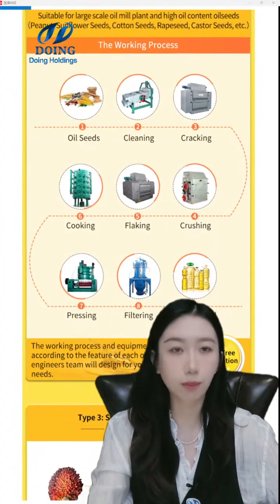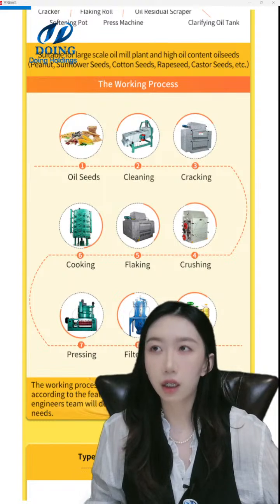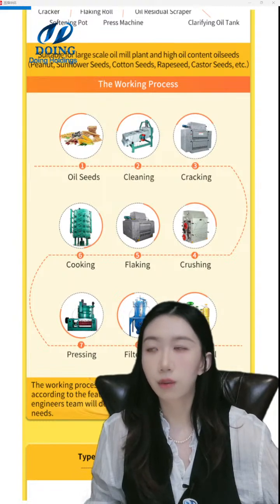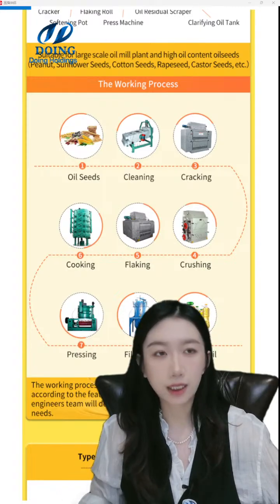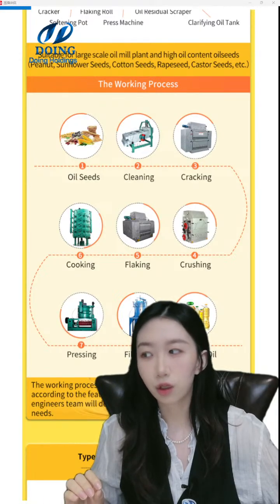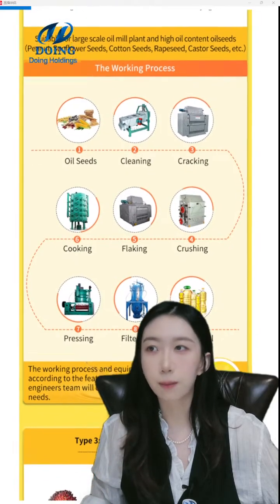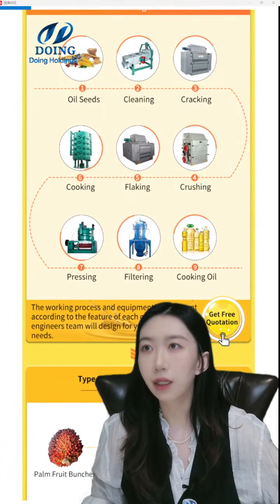This is the working process. The first is cleaning. After cleaning, the oil seeds enter the cracker, which destroys the structure and divides the oil seeds into 4 to 6 pieces, and then comes crushing and flaking.